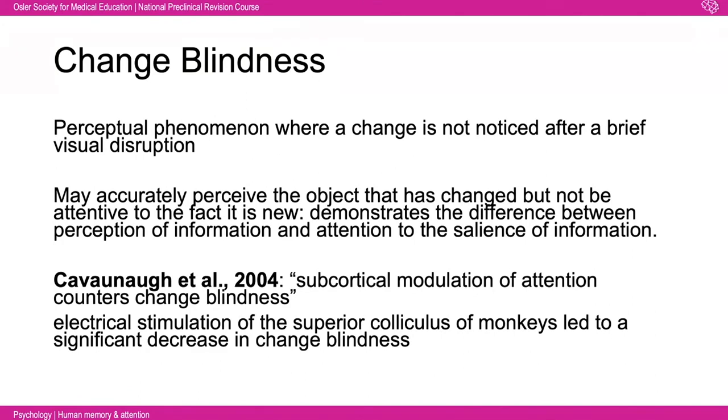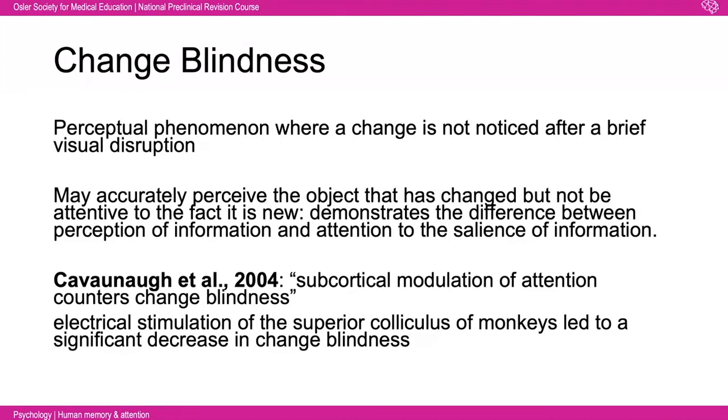It would also demonstrate that short-term memory is probably involved quite significantly in attention, because in order to not demonstrate change blindness, A, you have to have attention to notice a change, but B, you have to have short-term memory in order to compare those images in your head.